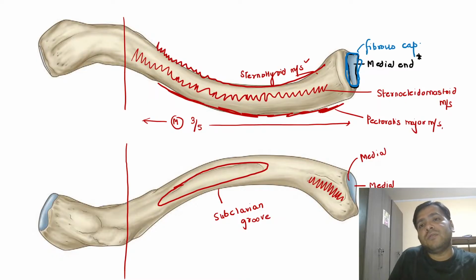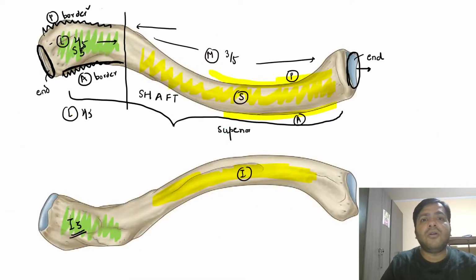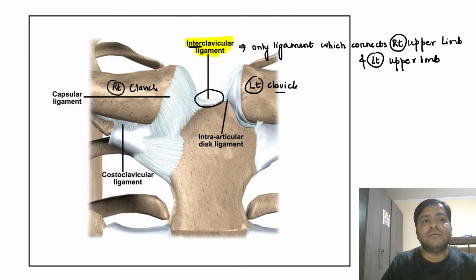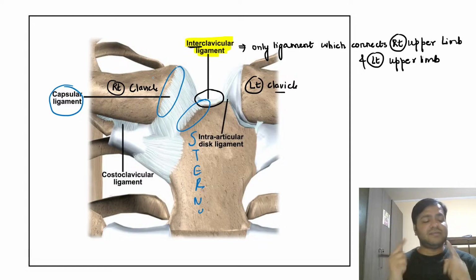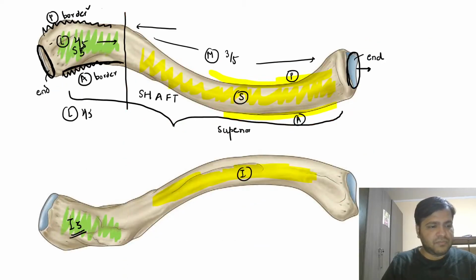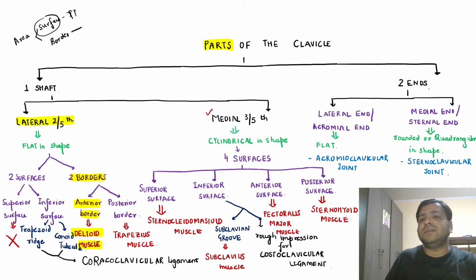It is a ligamentous sheath which covers the sternoclavicular joint. The fibrous capsule, or the capsular ligament, covers the part of the sternum and the medial end also. So it is the capsular ligament or the fibrous capsule.